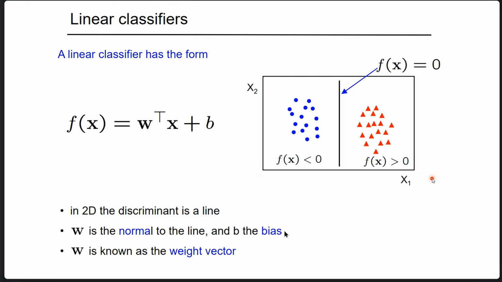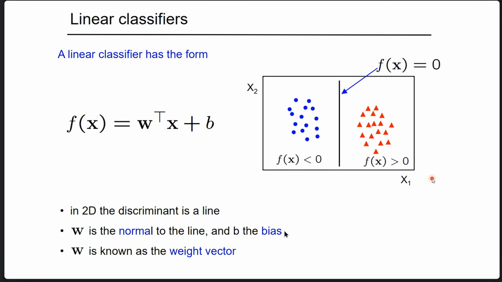Now, what about 3D, when points are three-dimensional? In that case, to be linearly separable, you need a plane. And going towards higher dimensions, there are also planes, and you can call them hyperplanes. In one dimension, a hyperplane is a point. In 2D, a hyperplane is a line. In 3D, the hyperplane is a plane.